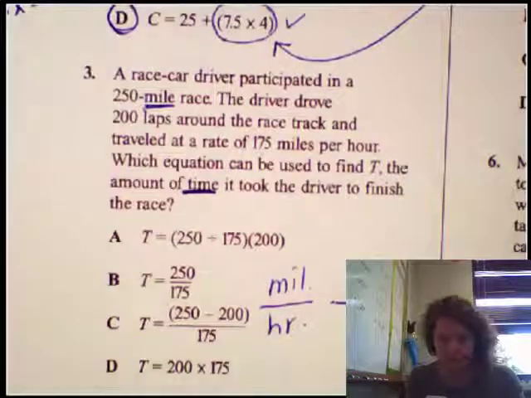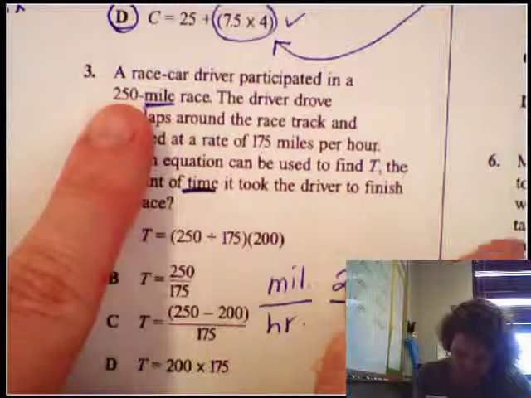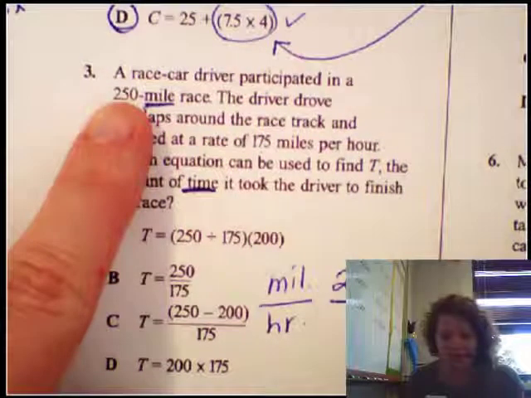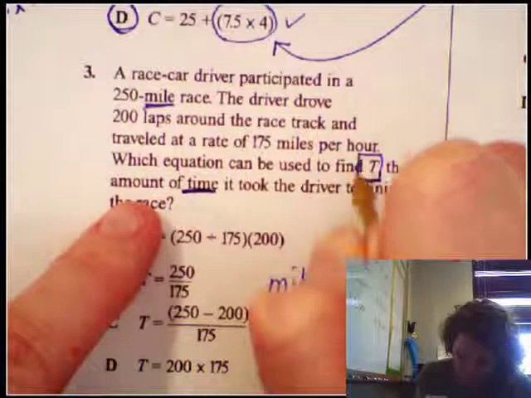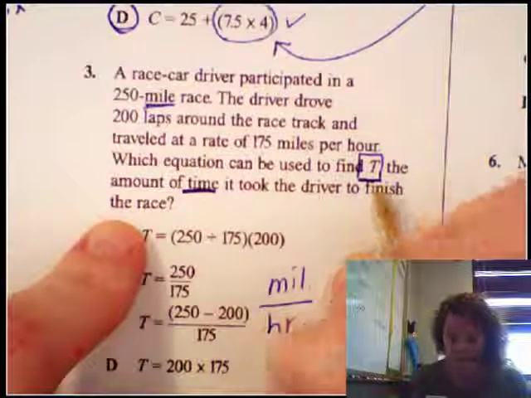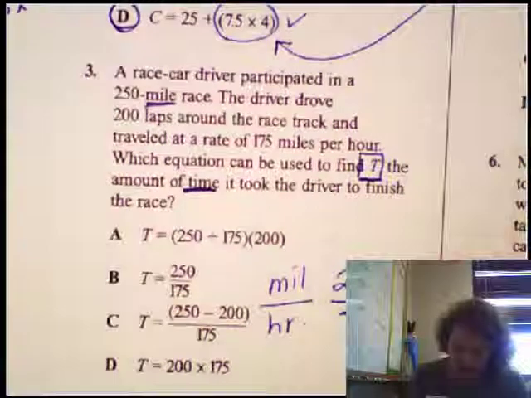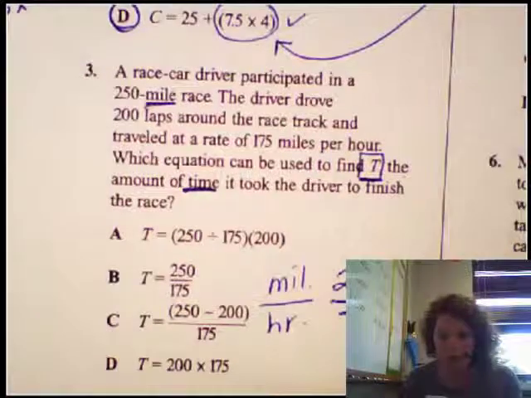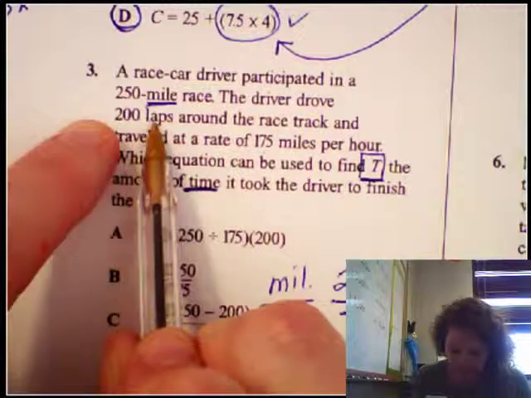Okay, let's see what we know. We know that this whole race was 250 miles. Well, how long did it take him? How many hours? Oh, that's what we're trying to find. T, the amount of time it took the driver to finish the race. So it's going to be 250 over T. So then we need a pair that we actually do know. What else do we know about this race? Well, it's 200 laps.